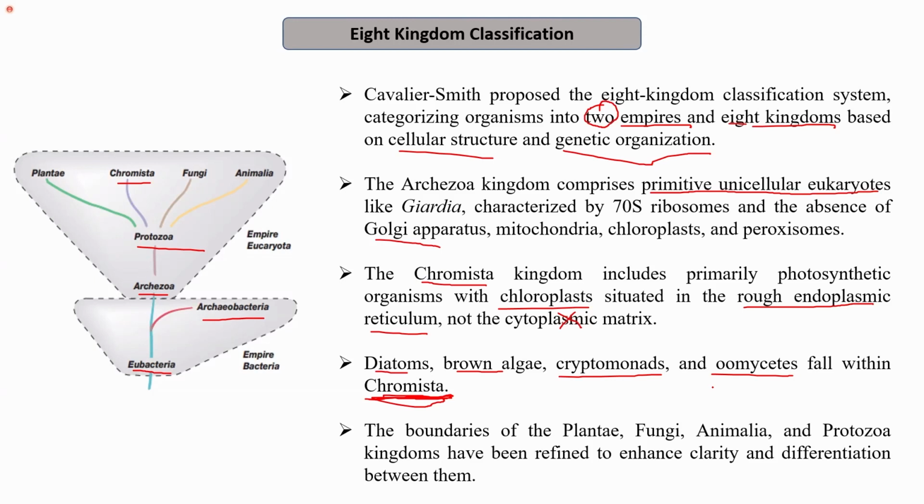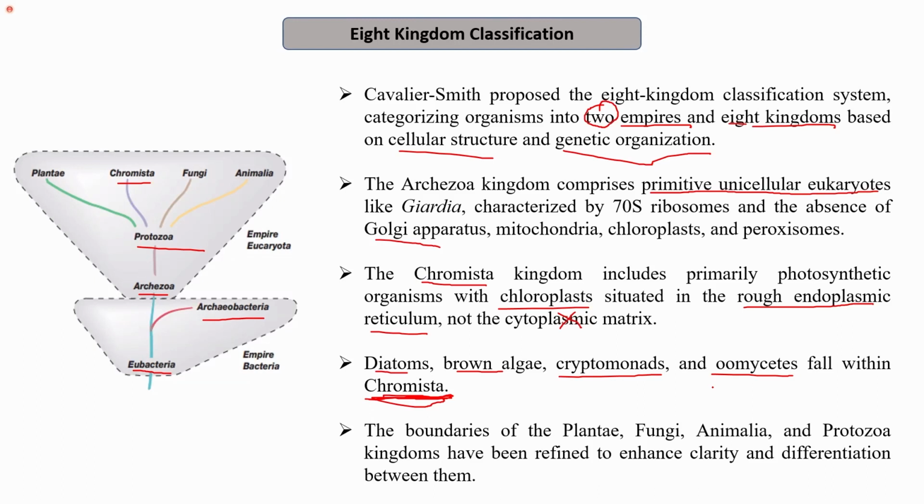And this is not the end of the classification system, because as we are learning more about the organisms and advancing in the field of technology, we are able to better understand the genetic composition and the molecular phylogeny. With this increase in knowledge about the phylogenetic relationships between organisms and their genetic makeup, we are able to classify organisms in a more appropriate manner.